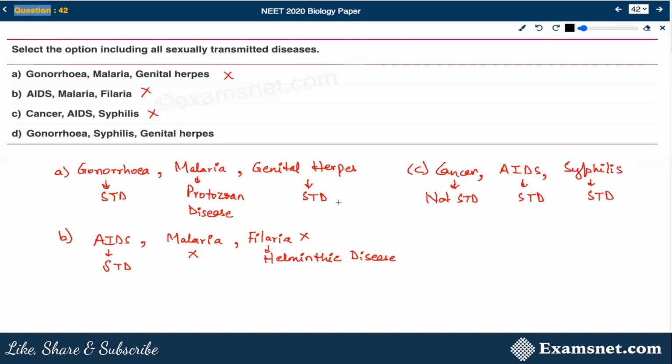And option D, which is gonorrhea, syphilis, and genital herpes.